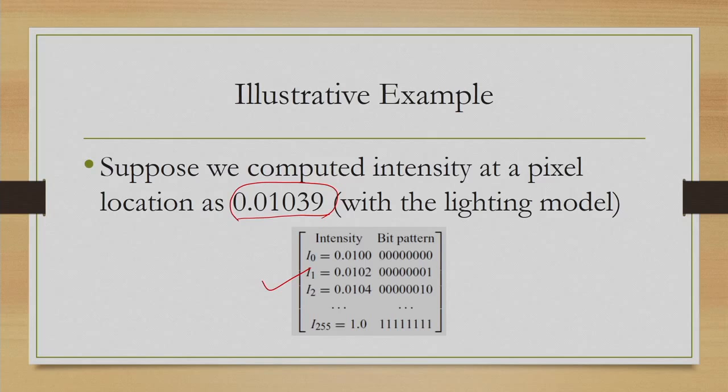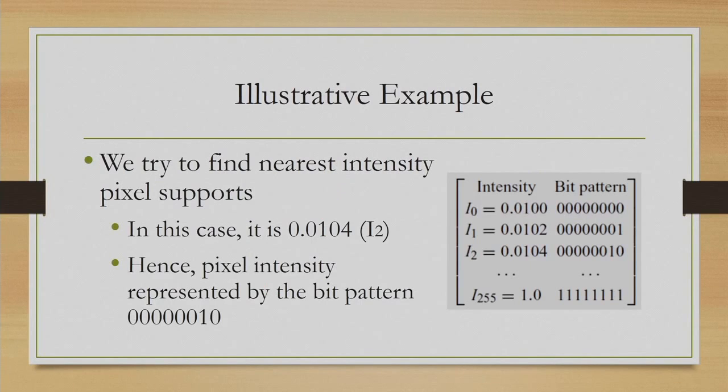So, as per the algorithm, what should we do? We try to find out the nearest intensity value that the pixel supports. In this case that is I2 or 0.104, and the bit pattern corresponding to I2 is this one. So, we store this bit pattern at the corresponding frame buffer location.